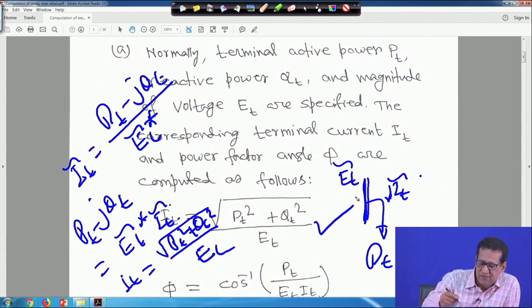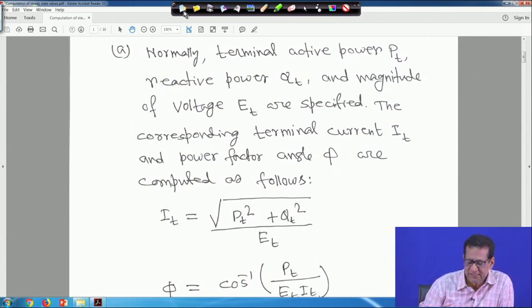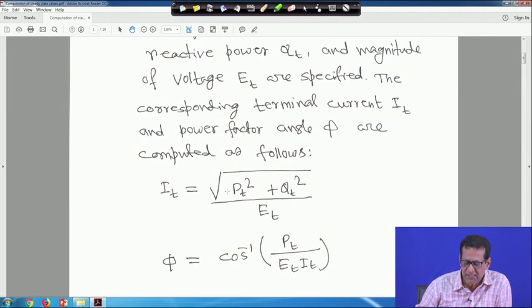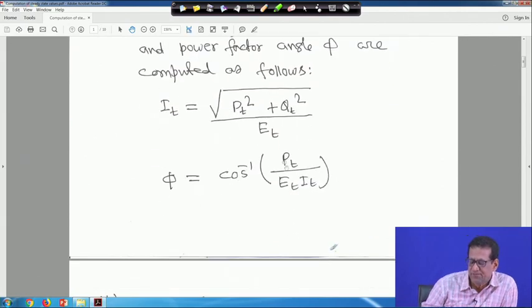Similarly, the power factor cos phi will be Pt upon Et IT. Et is the voltage magnitude, IT is the current. Pt is the real power and Et IT is the volt ampere, therefore cos phi is Pt upon Et IT, and phi is equal to cos inverse of Pt upon Et IT, right?